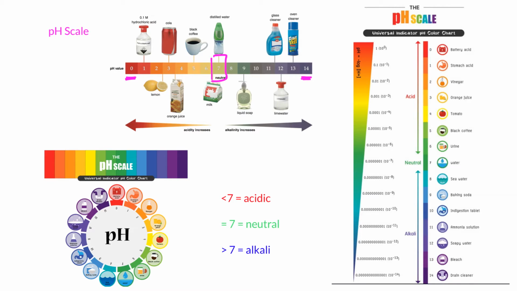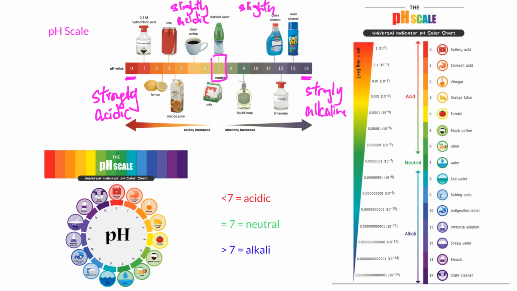The further away from 7, we call that stronger. Maybe you say strongly acidic or strongly alkaline, while the ones slightly in the middle, you will say slightly acidic or slightly alkaline.